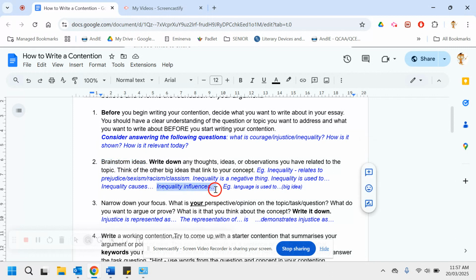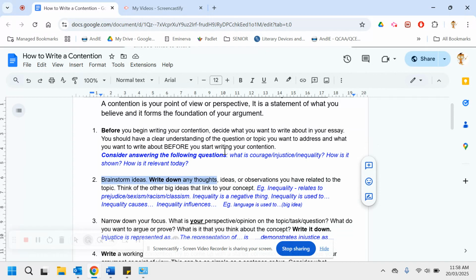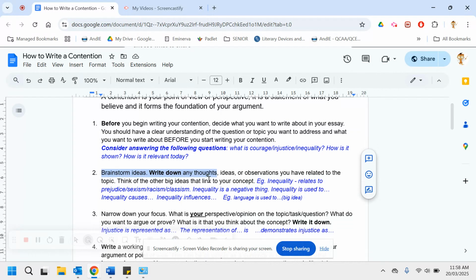You could say that inequality influences the way that people behave towards each other or the way that society accepts certain behaviors. So, this is all, again, just still part of your brainstorming. So, you're actually not anywhere near writing a contention yet. You're just formulating your ideas and trying to think about what is it that I'm going to talk about in my essay.